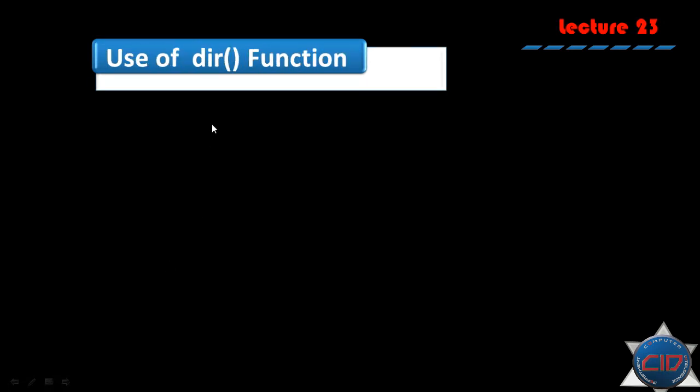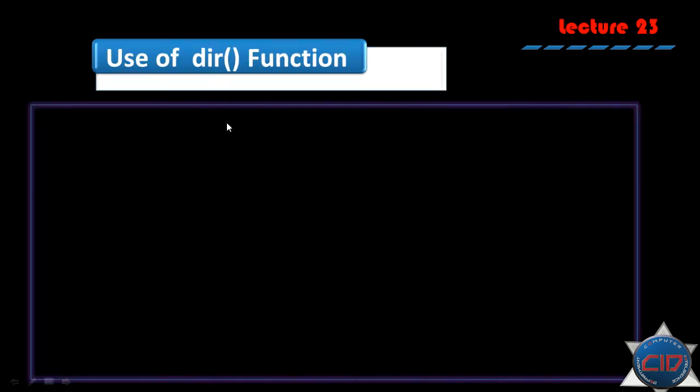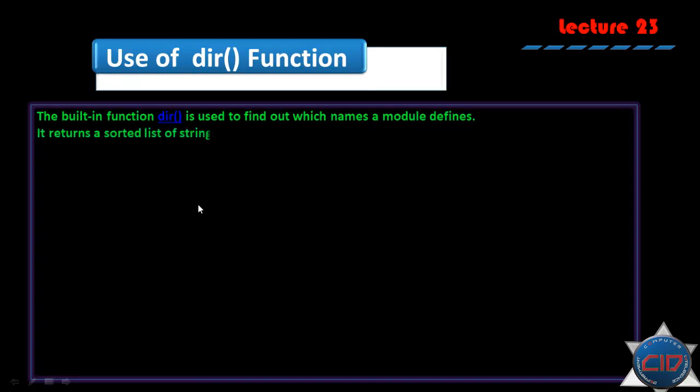Now let me show you the use of the dir function. The built-in function dir is used to find which names a module defines. There may be some methods or classes, so we can access all those things with the directory function. It returns a sorted list of strings.